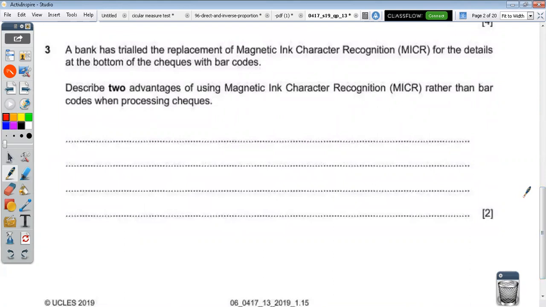A bank has changed the replacement of magnetic ink character recognition (MICR) for details at the bottom of the check with barcodes.